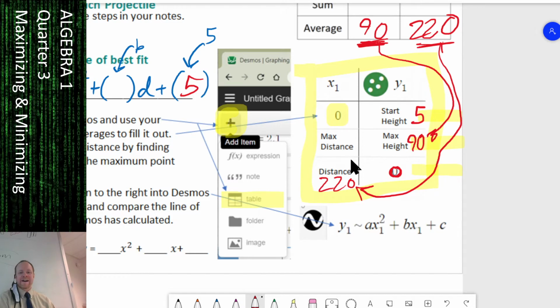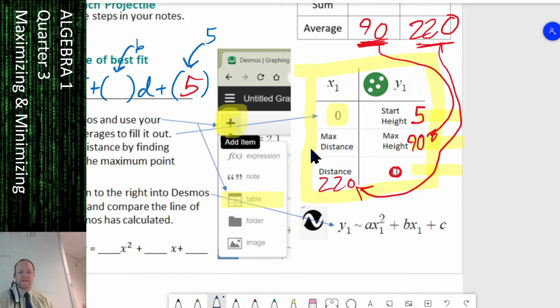We did not find the distance that it traveled to get to that maximum height. But this is a parabola. Parabolas are symmetrical, so it looks about the same on both sides. So if we take our full distance and we cut it in half and then go straight up, that should take us to our maximum. So for this maximum distance, take your distance below it and divide it by 2.